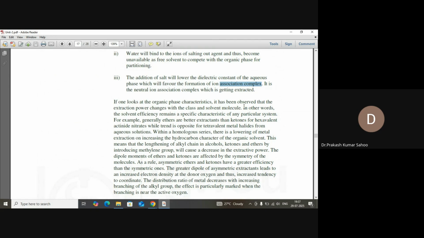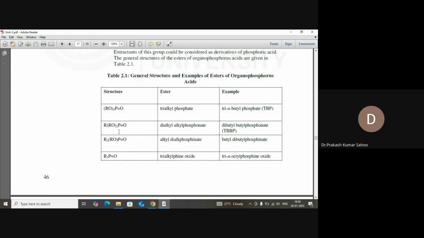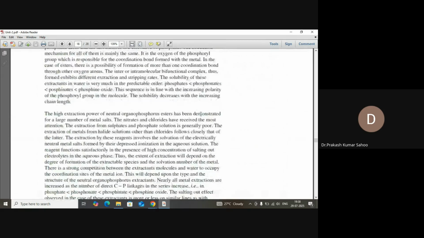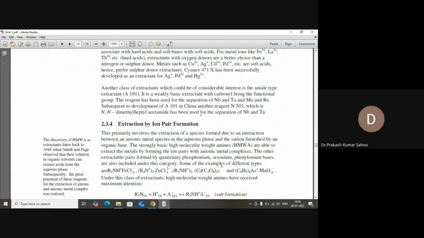So different physical or chemical properties may change in the extraction process of the solvent. Then a table is there. This is the organophosphorus, type of ester, and the type of compound formed. We read out these things.